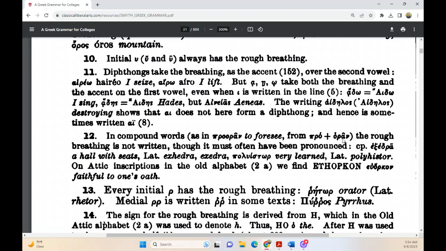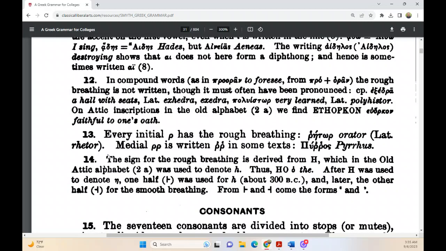So we have the word horan joined to pro, and the breathing is dropped. In compound words, the rough breathing is not written, though it must originally have been pronounced. But it's not written, and normally we will never pronounce it when we speak and when we read classical or biblical Greek. So that's just a note on compound words there.